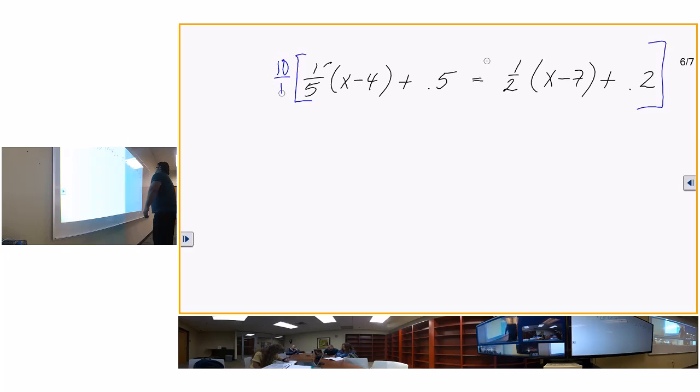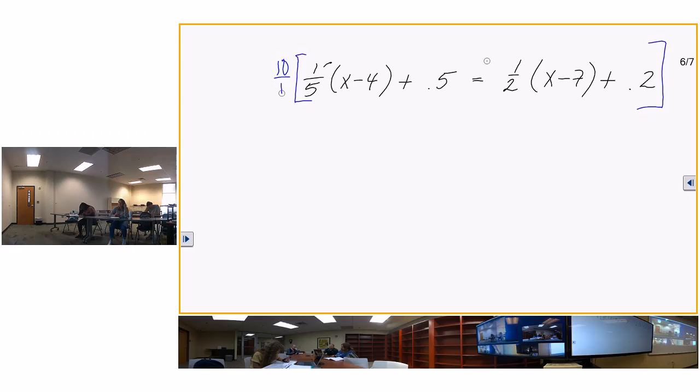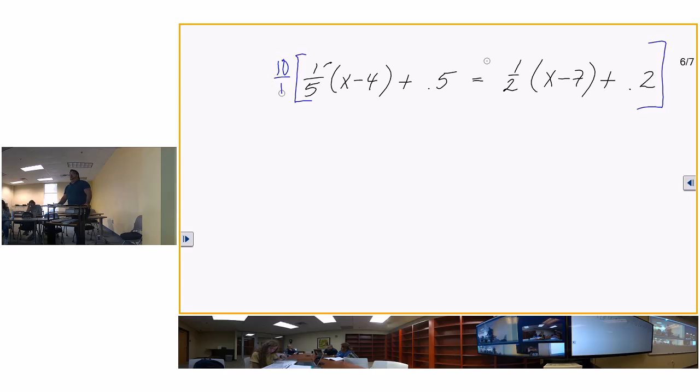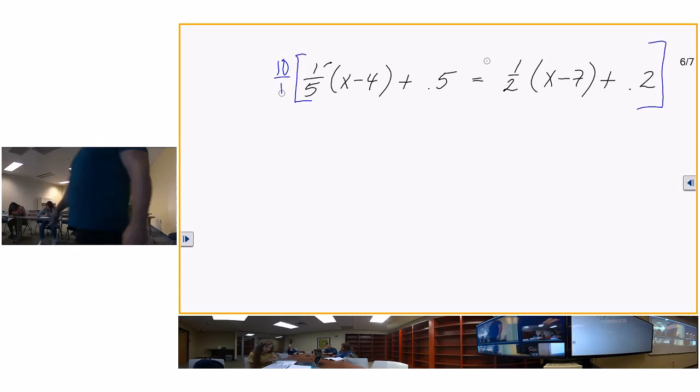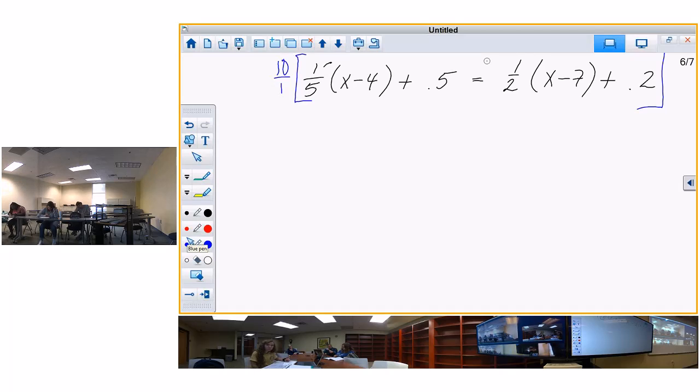So that's what I did wrong. Why am I multiplying by 10? Well, what's the common denominator of 2 and 5, and it also clears the decimals. Unless you want to do something more difficult. What's 10 divided by 5? 2, Hubert.